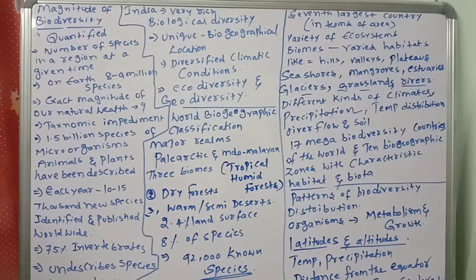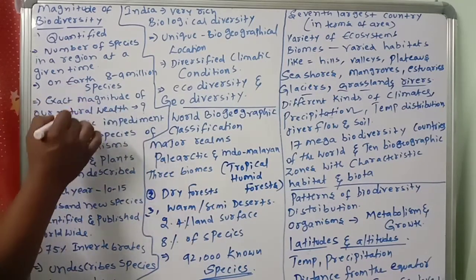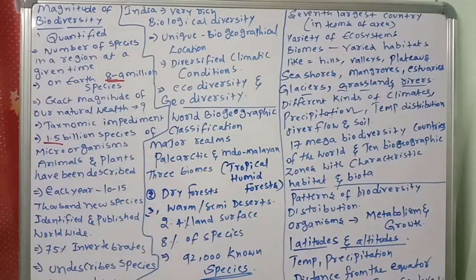So far about 1.5 million species have been described. Again, I am repeating the numbers: 1.5 million species. So this point you should remember. And the estimate is 8 to 9 million different species. However, we really don't know the exact magnitude of our natural wealth. That is called taxonomic impediment.